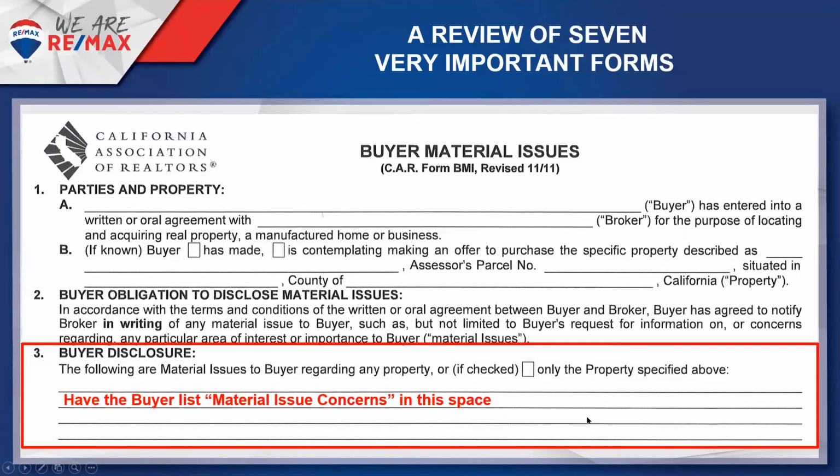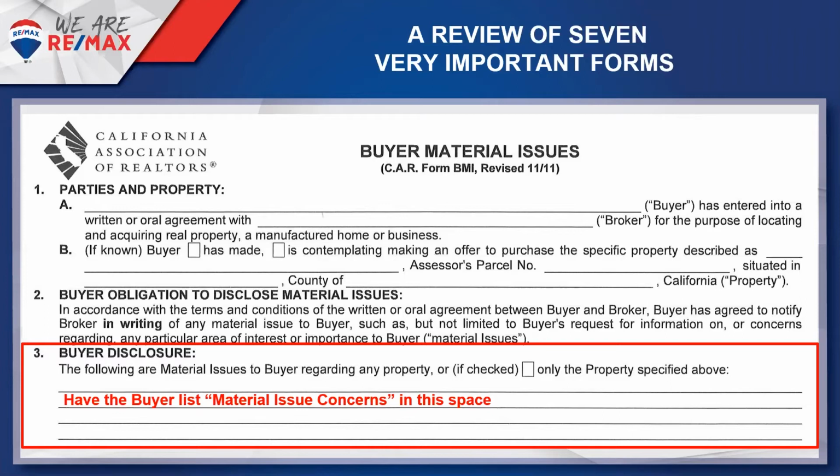So if you're doing DocuSign or a digital thing, you create a text field and then the buyer types in. Interestingly enough, when we were in court, we used the BMI in our defense, and the buyer tried to claim that our agent filled that out, not the buyer. But we were able to document to the court's satisfaction that that wasn't the case.